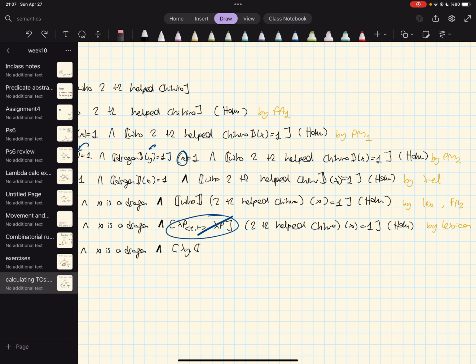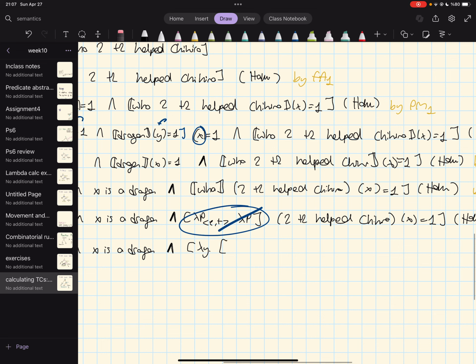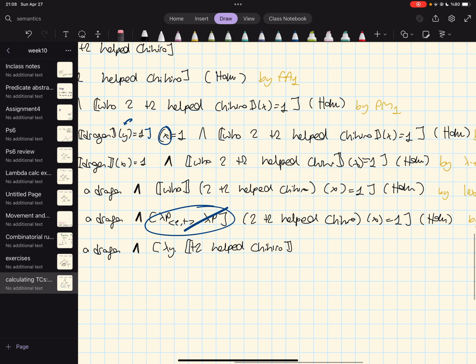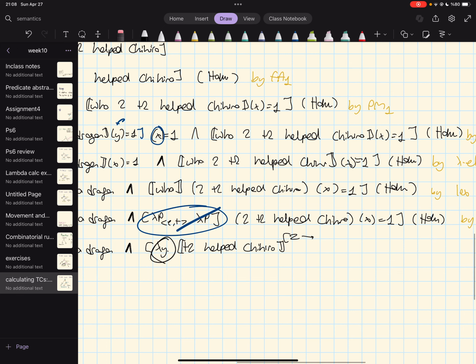I'm not going to include the index because I'm going to write it in superscript, so I get rid of 2 for now, and I write t2 helped chiro, like this, and it is in the domain of a, assignment function a. 2, which is my index, is mapped to this lambda I have here, 2 is mapped to y. This is my domain now.